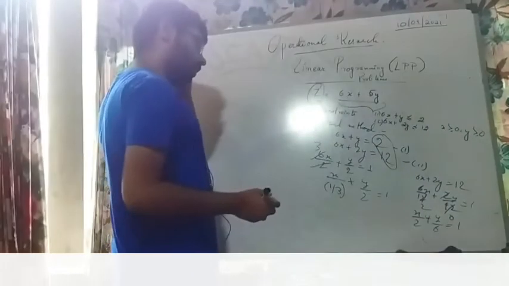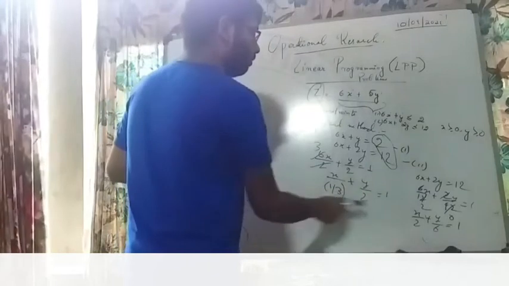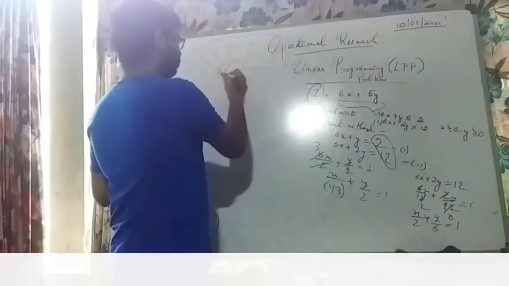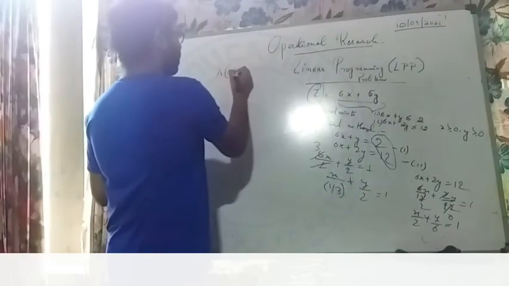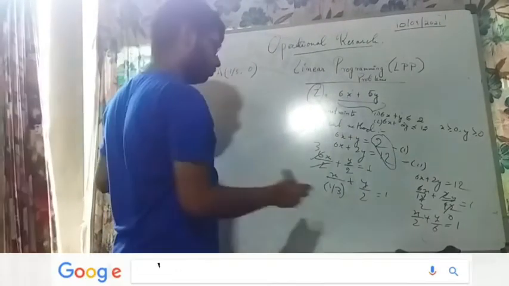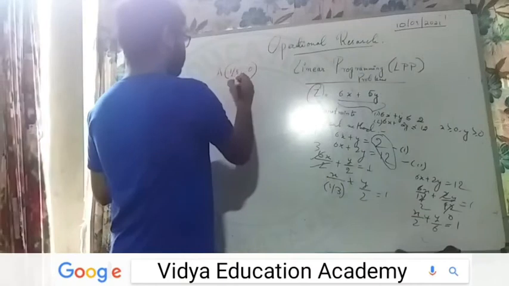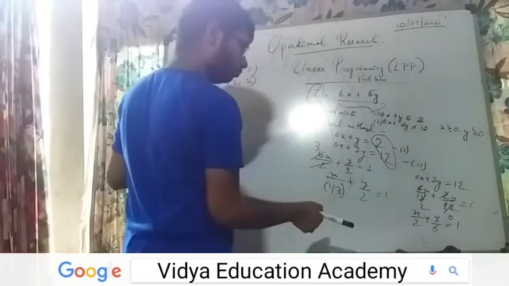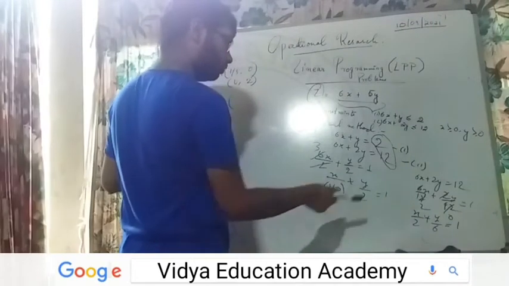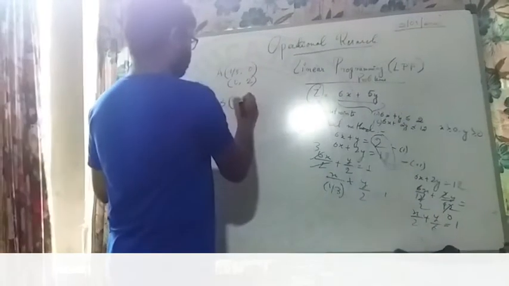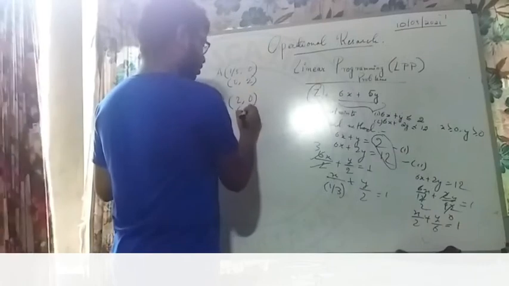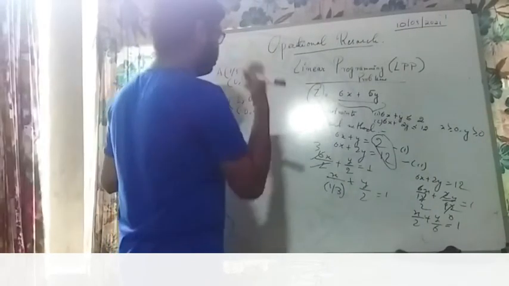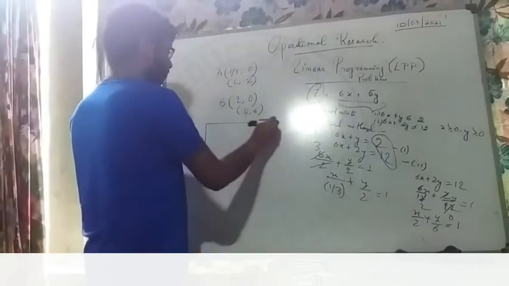The two pairs of coordinates which we got are 1 by 3 comma 0 and 0 comma 2, and this is 2 comma 0 and 0 comma 6. So draw a table like this.